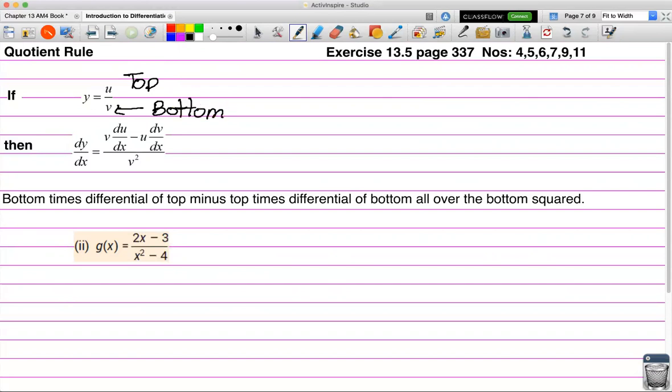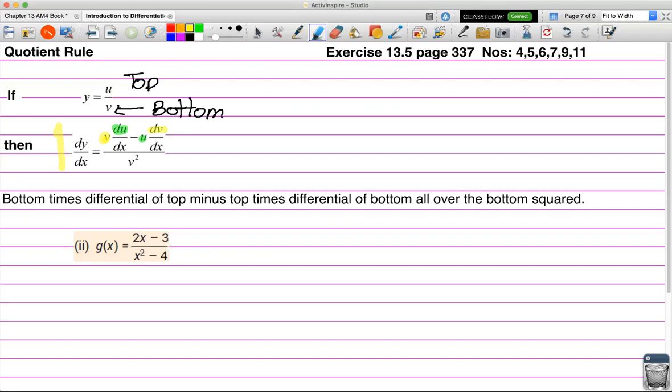So now, as I slowly go through this formula, what have we got? We've got the bottom times the differential of the top minus the top times the differential of the bottom.